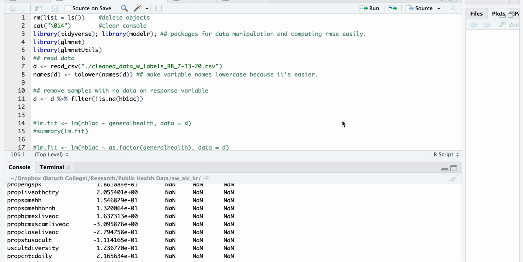In comparison, if this was a problem involving text mining, imagine we wanted to predict the rating of a Yelp review.